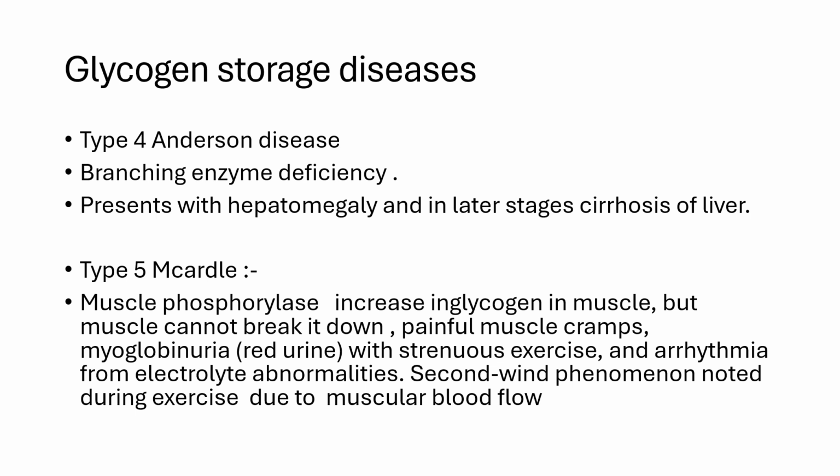This results in painful muscle cramps and myoglobinuria, worsening with exercise, and arrhythmias from electrolyte abnormalities, and the second wind phenomenon noted during exercise due to increased muscular blood flow.